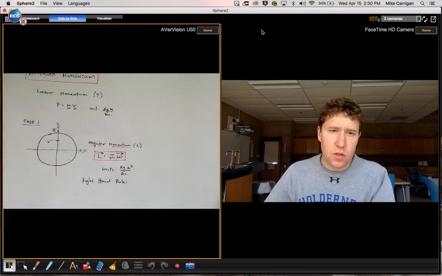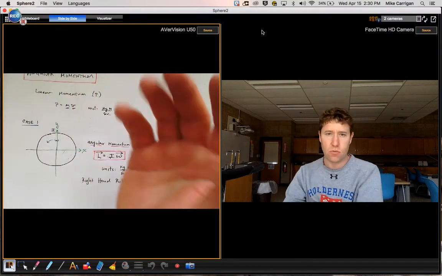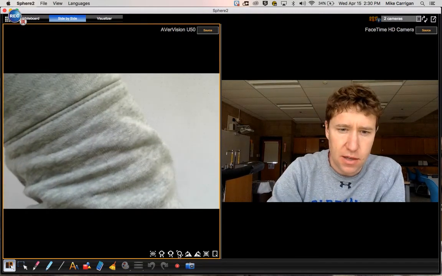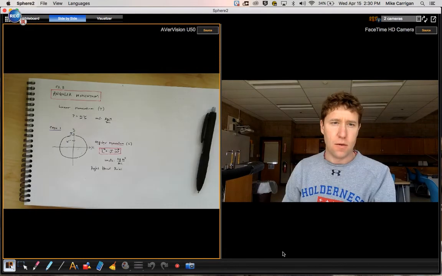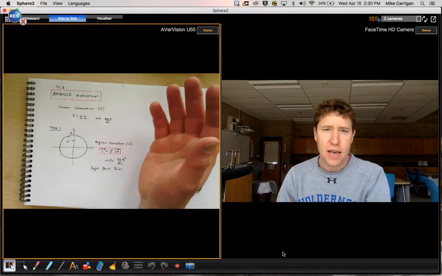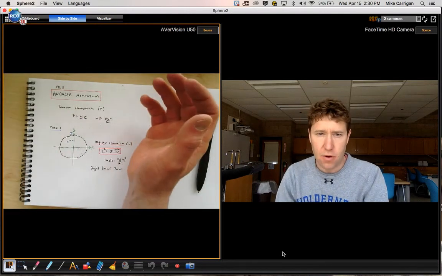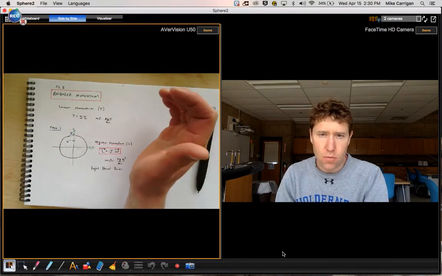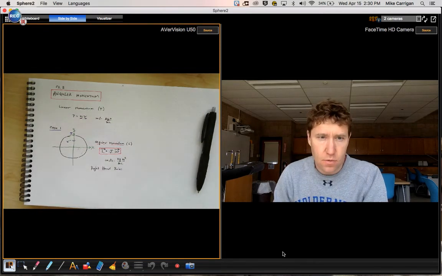The way we figure this out is we have to use something called the right-hand rule. The way we use it in this case is you take your right hand. Obviously, it's important that we use the right hand. Maybe I'll zoom out so you can see my hand a little bit better. I'm going to curl the fingers of my right hand in the direction that the turntable is spinning.